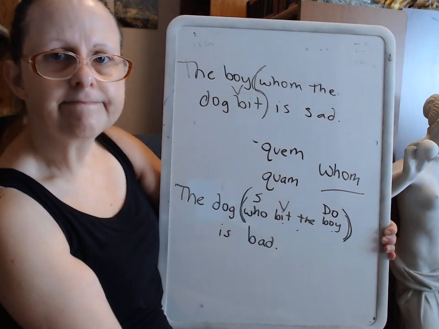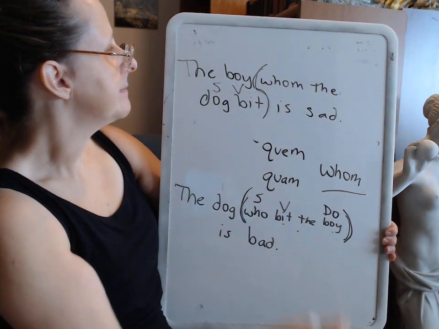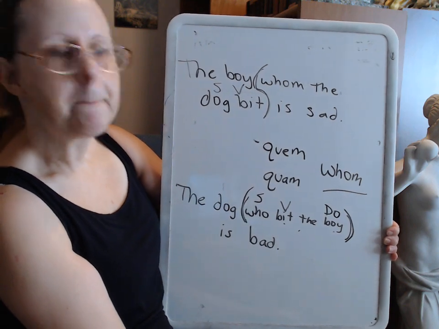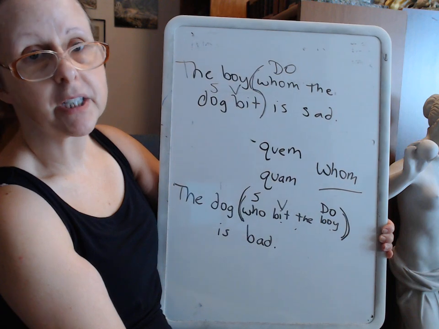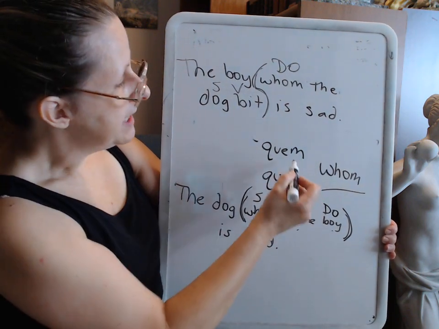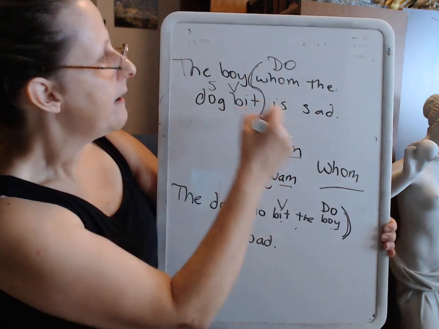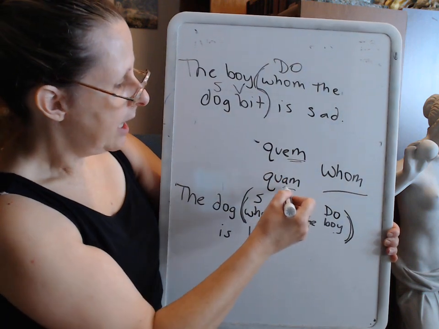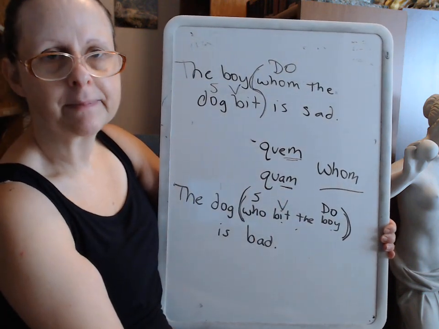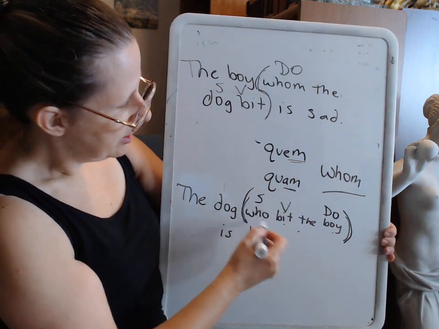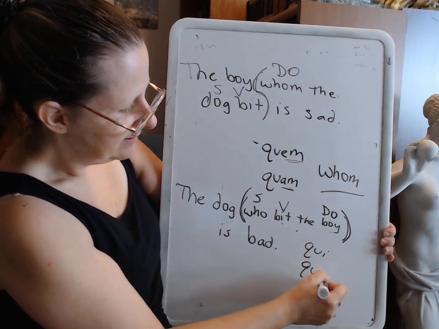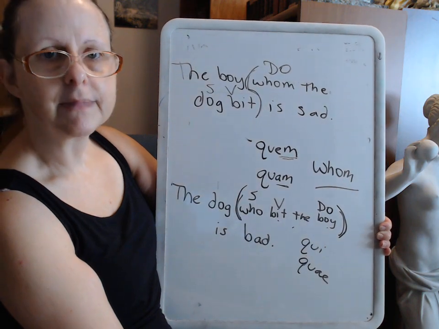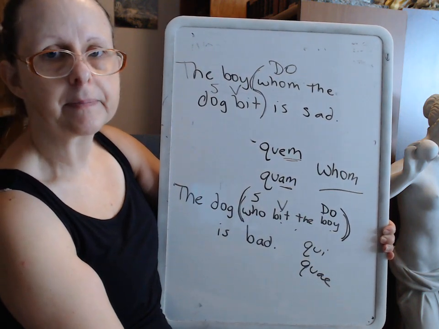Who bit? The dog. Dog bit whom? Direct object. This is why when we do this sort of sentence, we need a direct object, who or whom. In this sort, we use the qui or quae as a subject. It's nominative.